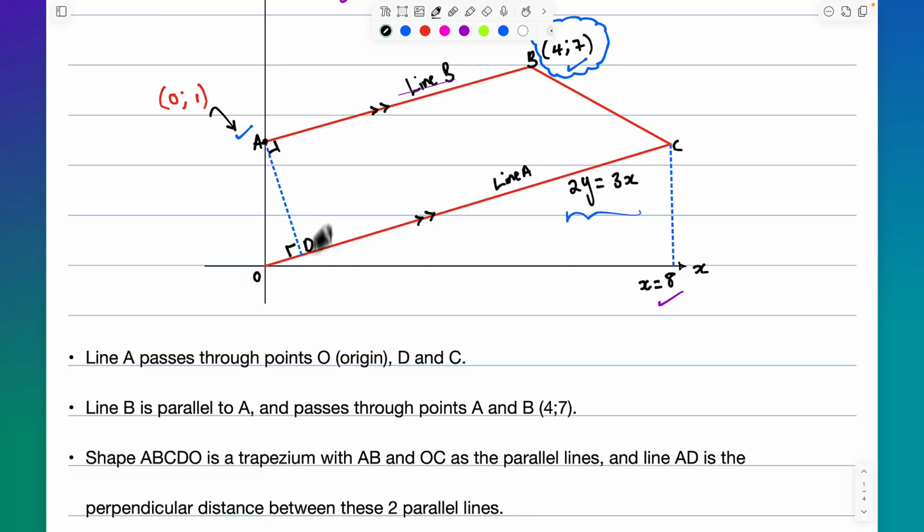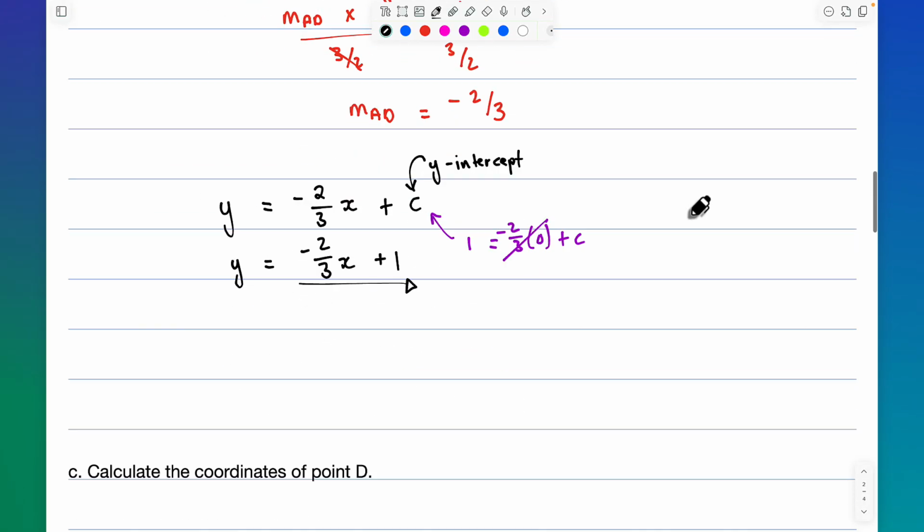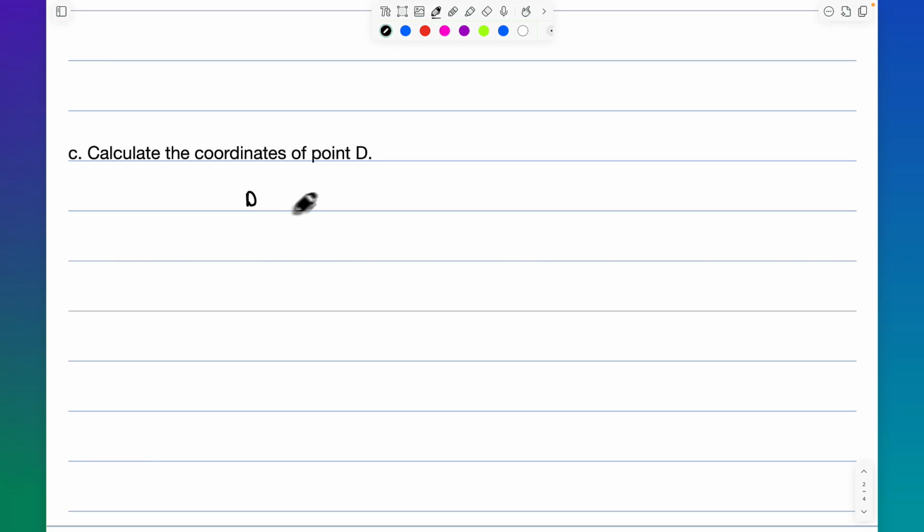Now point D, what's the significance of point D? Point D is the point of intersection between AD and OC. And what do we do when we want to find the coordinates of a point of intersection?